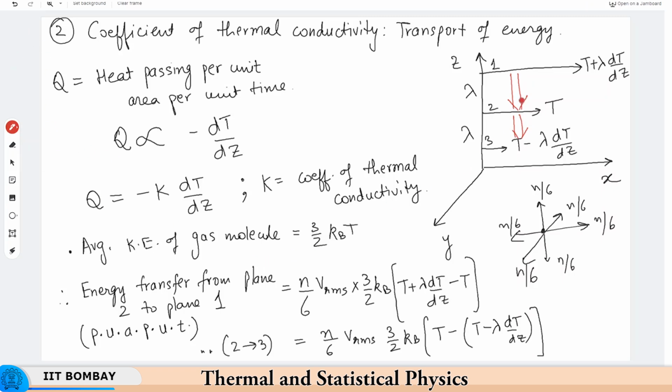And therefore, what will be the total net heat transfer? That will be just the sum of these two, right. So, Q will be n by 3 times V RMS times 3 by 2 kB times lambda dT by dz, right.